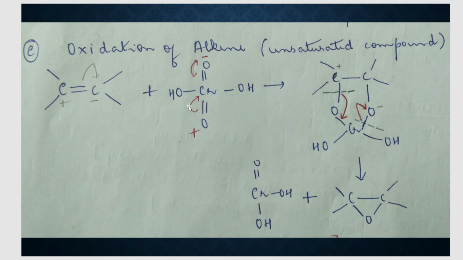One more pi bond shifts towards chromium. So one oxygen will have plus charge, one more oxygen will have minus charge. Now what you will do? You will simply attach this molecule over here. This positively charged carbon will get attached to this negatively charged oxygen, and this negatively charged carbon will get attached to this positively charged oxygen. So you get a cyclic intermediate.